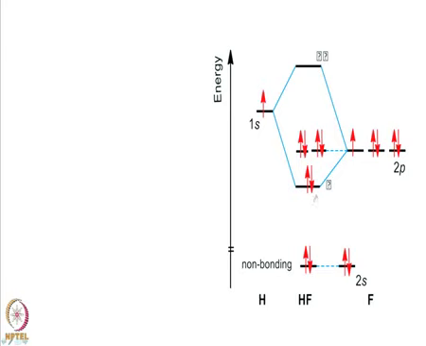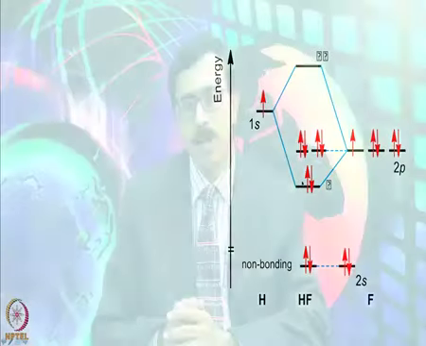Here, of the remaining electrons, 2p has 5 electrons, because of the 2s2 2p5 electronic configuration, and the 2 electrons of 2s are not participating. So, they remain non-bonding, whereas of the 5 electrons of 2p, 4 will always remain non-bonding, and 1 electron from this one and 1 of H will combine together to form the sigma bond. So, this is how you can explain the bonding in HF using a simple molecular orbital diagram.